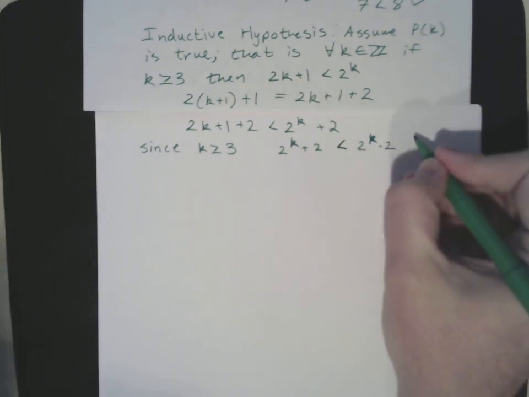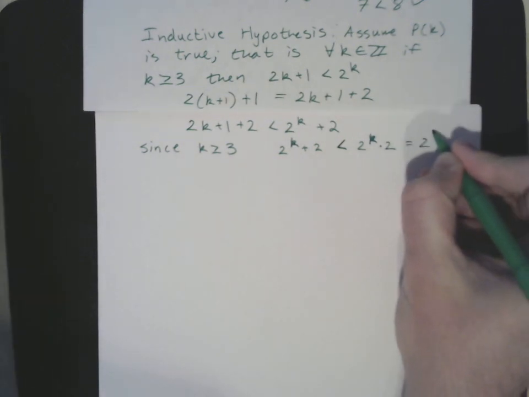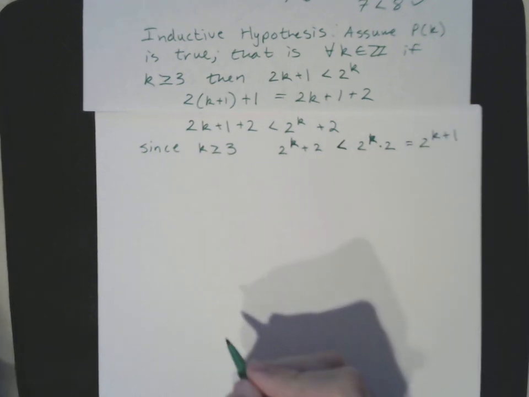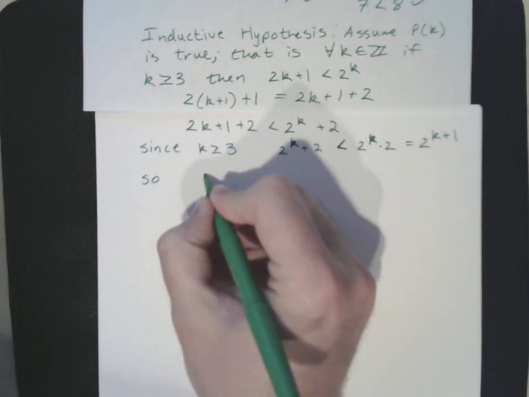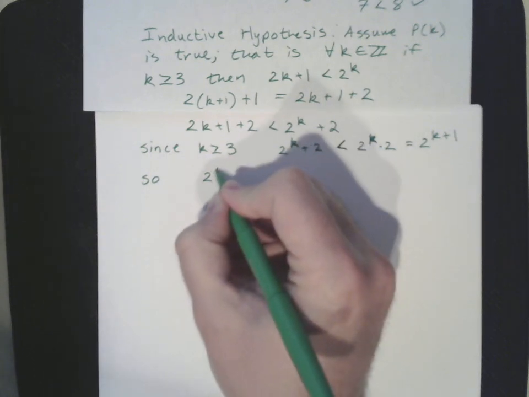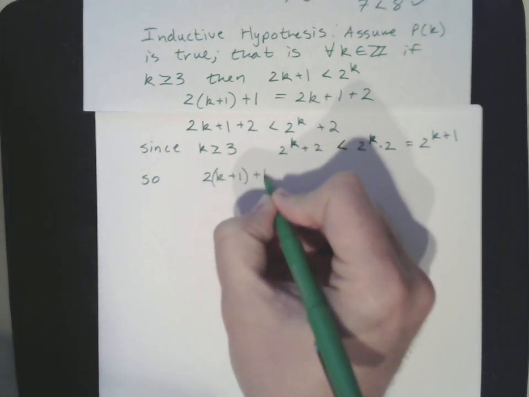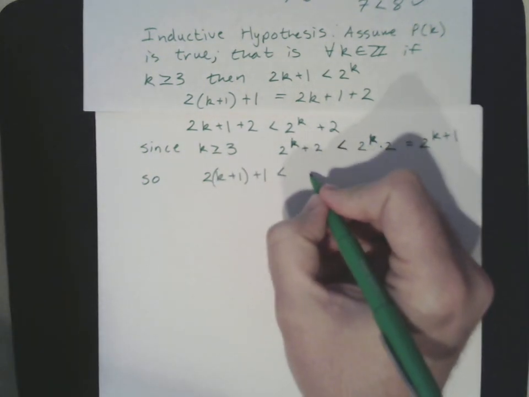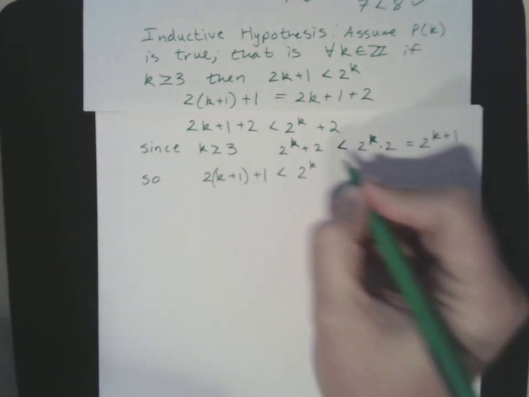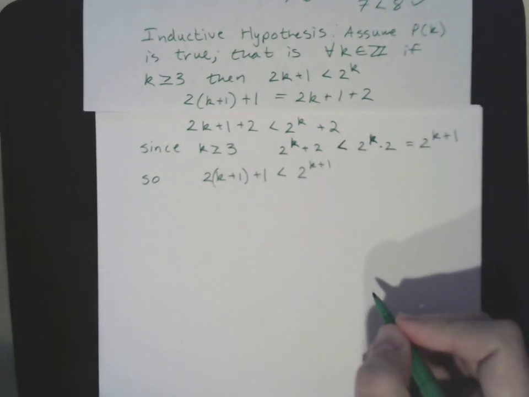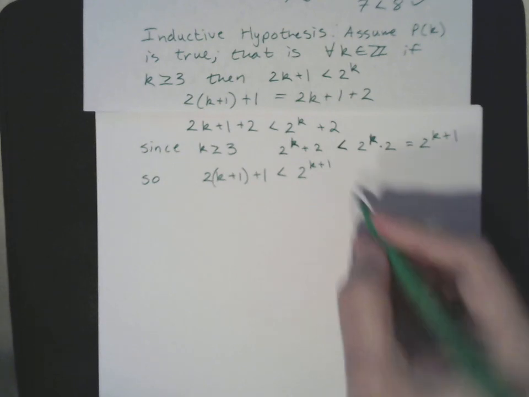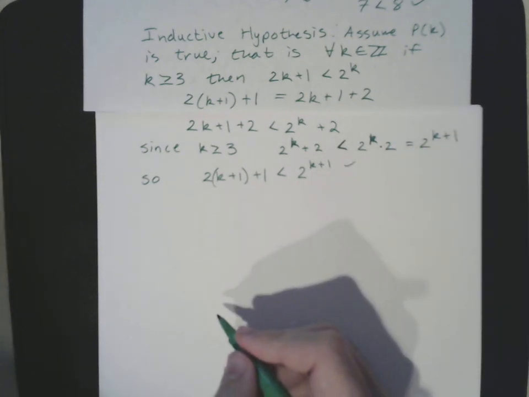And this is 2 to the k plus 1. So 2 times k plus 1 is now less than 2 to the k plus 1, which is what we wanted. And that was our goal.